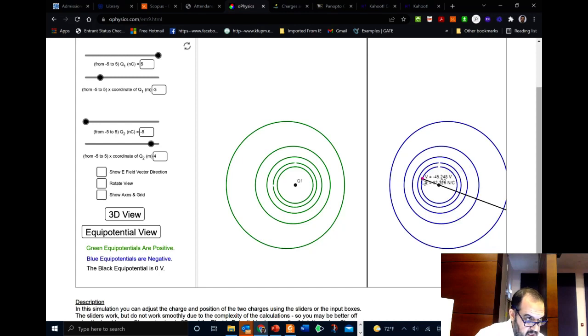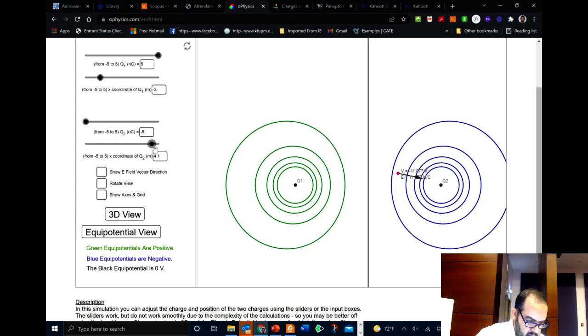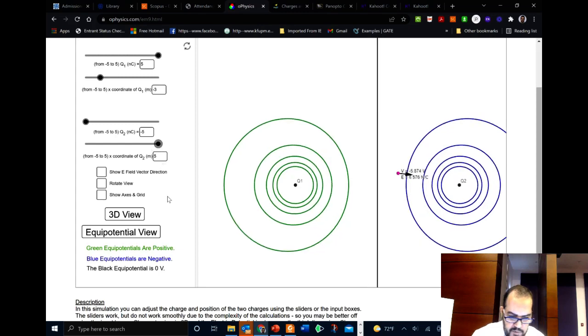The electric field is pointing towards the negative charge, unlike the positive charge, where the electric field is away. So let's display this in 3D view. Let me take the distances to be... okay, these are perfect now.